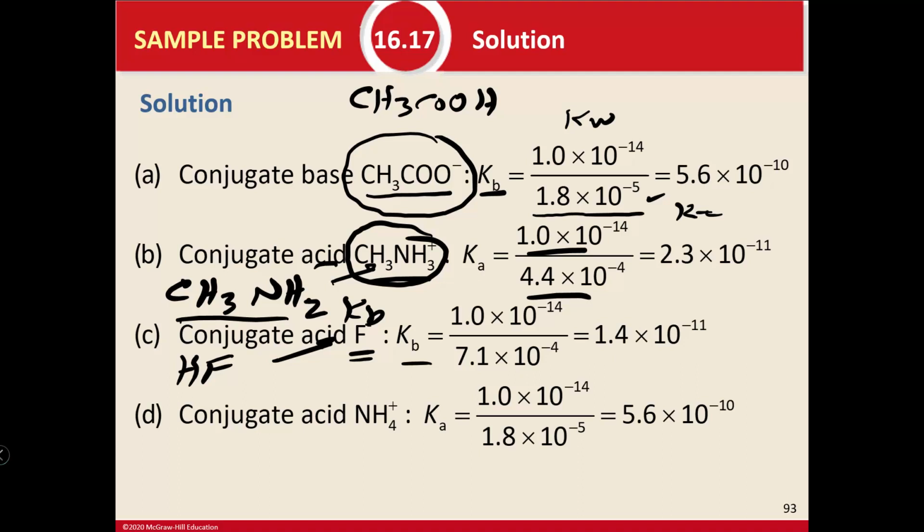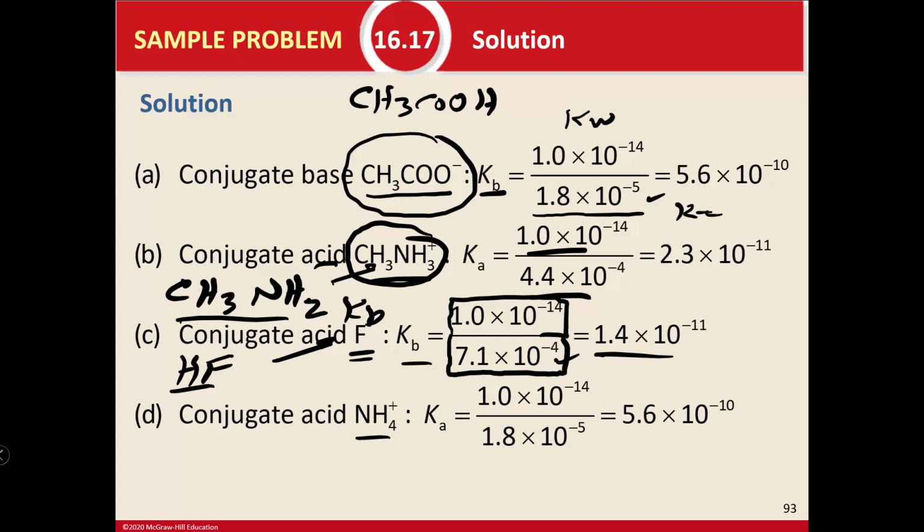So I have 1 times 10 to the negative 14th, Kw, and I look up the Ka for the acid, HF, hydrofluoric acid, because if I add a hydrogen ion to the fluoride ion, then I get this. And when I look that up, I get 7.1 times 10 to the negative 4th. 1 times 10 to the negative 14th, Kw, divided by Ka for hydrofluoric acid gives me 1.4 times 10 to the negative 11th.